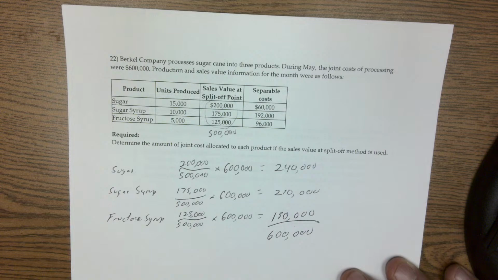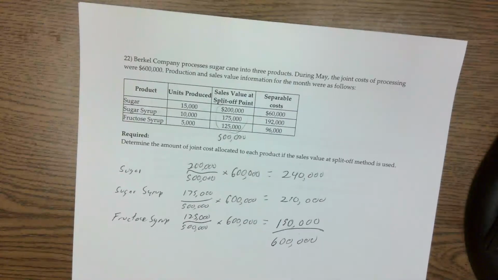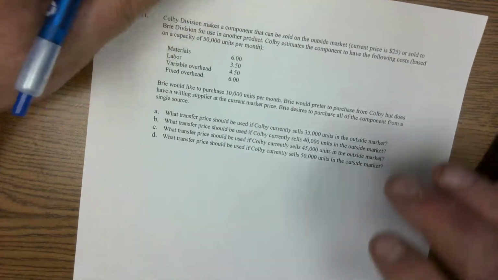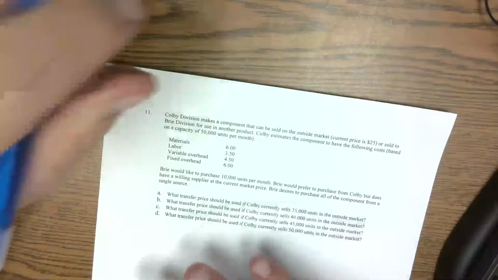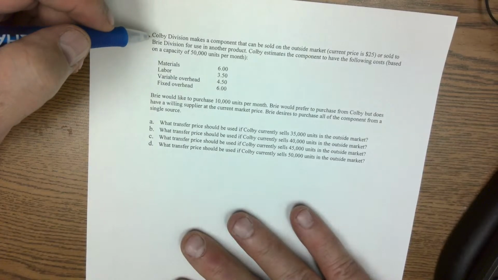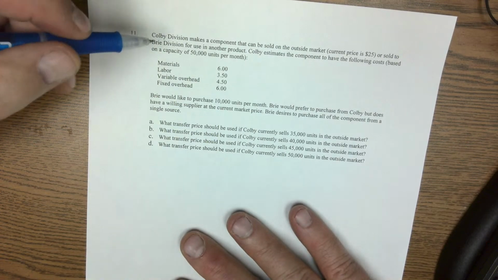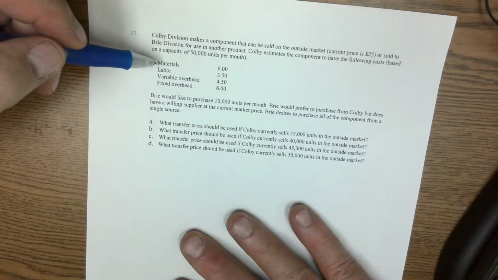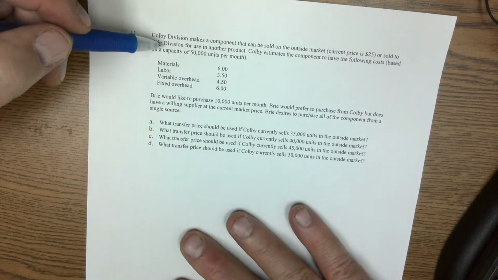And our last one of these is a transfer pricing problem. We've got the Colby division, makes a component that can be sold on the outside market, current price of 25, or sold to Bree for use in another product.